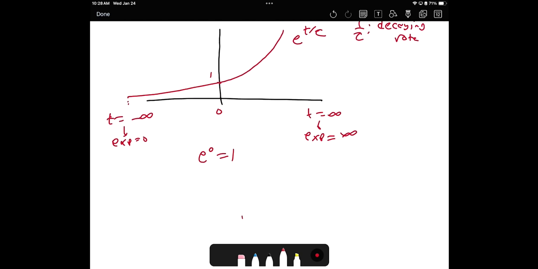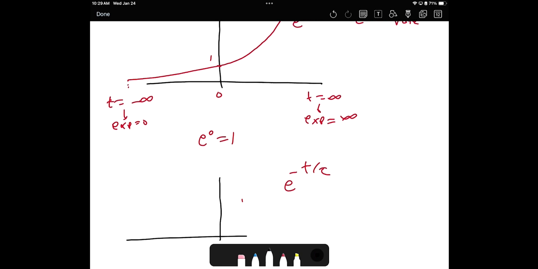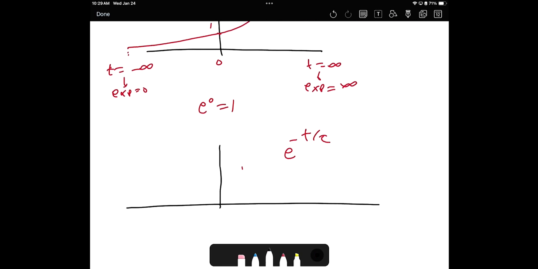How about if we have e power negative t over tau? Will be very similar to this, but just mirrored. It will be like this.